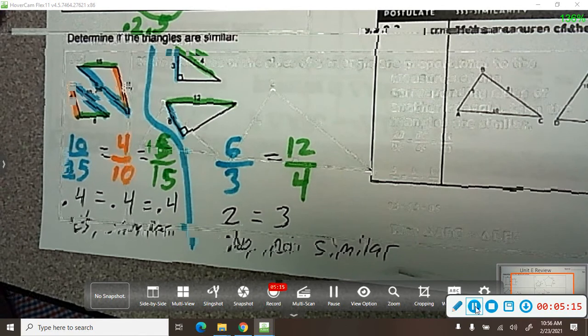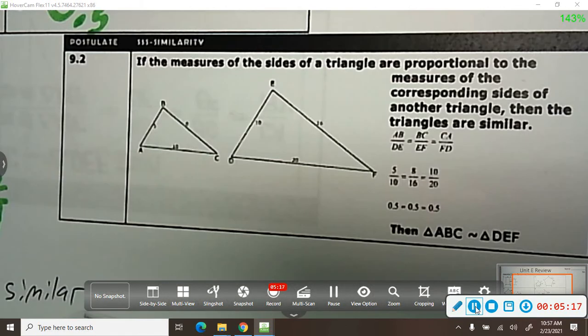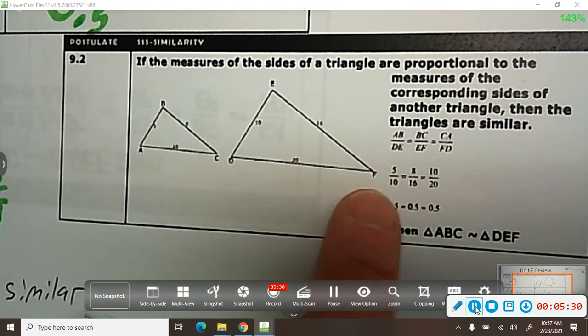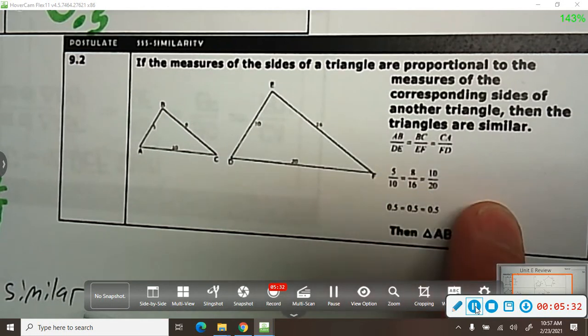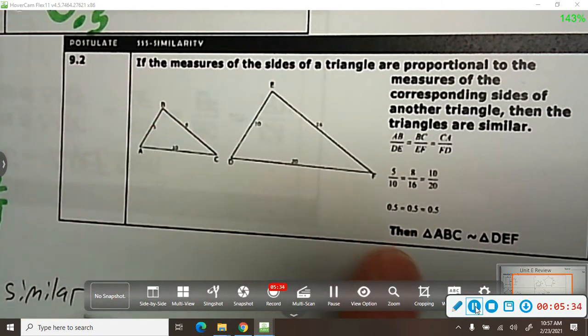Here's another example. So this is called the SSS similarity postulate. If the measures of the sides of a triangle are proportional to the measures of the corresponding sides, then the triangles are similar. So that's exactly what we just did. We set up the proportion, and on this triangle they're all equal 0.5, so we could say that the triangles are similar.